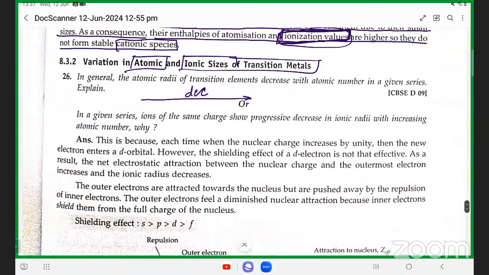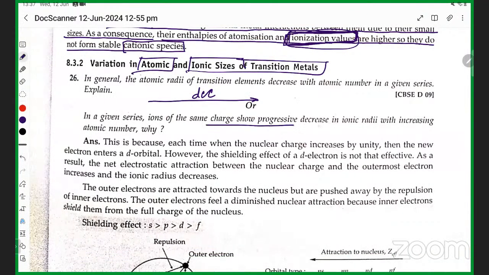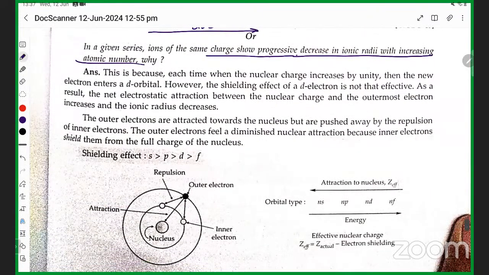Now you see here, in the given series of ions with the same charge, there is a progressive decrease in ionic radii with increase in atomic number. Why? What about their inner electrons? The inner electrons give little shielding.